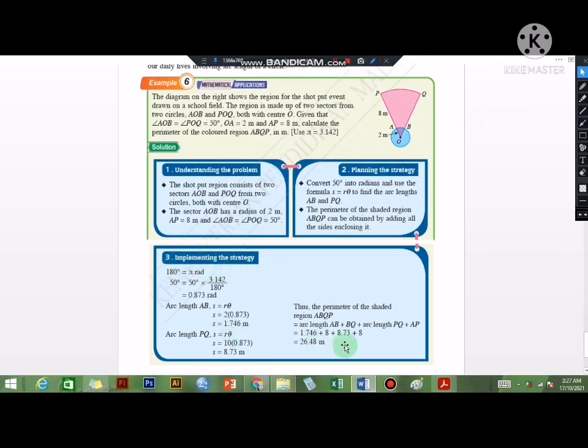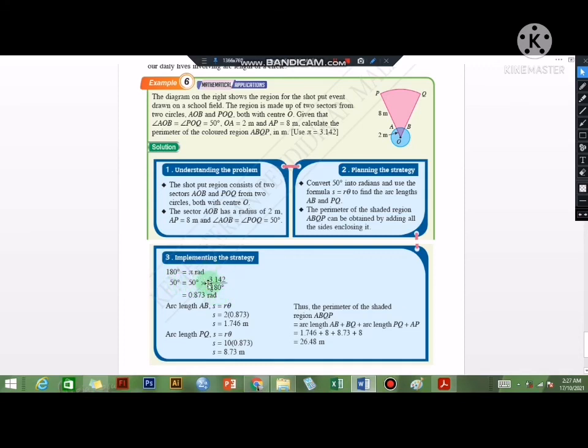Implementing the strategy. Now we start to calculate. This is the information you need to know: 180 degrees is equal to pi radians. So the first thing you need to do is convert 50 degrees into radians. 50 degrees is equal to 50 degrees multiplied by pi over 180.